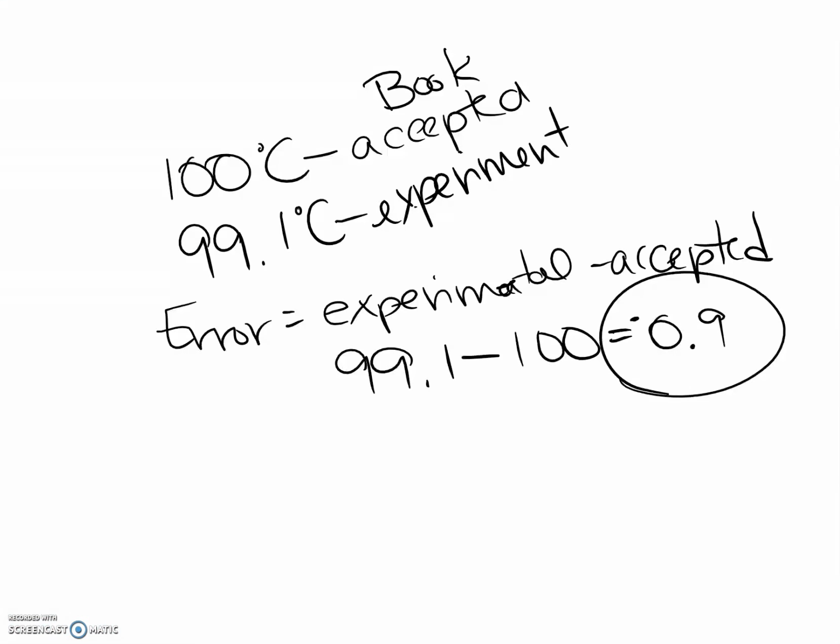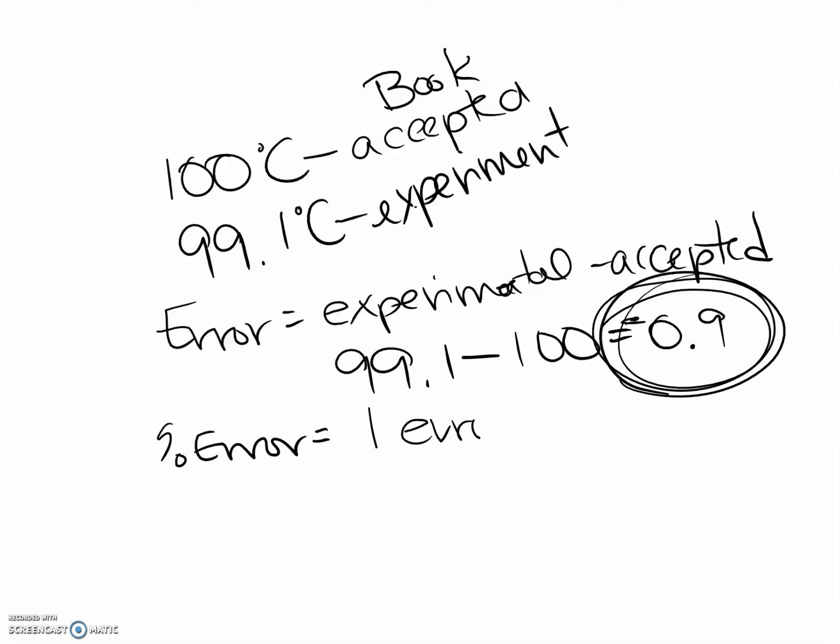So let's take our negative 0.9 value that we found from before and apply it to our percent error equation. So again, that's the absolute value of our error over the accepted value times 100.